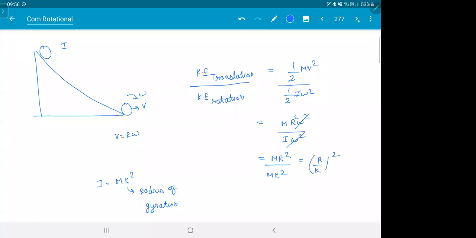Then they can ask questions like this also. What is the ratio of translation to rotation energy where k is the radius of gyration? They won't tell you what shape it is. So this is a general formula. This is for any shape.